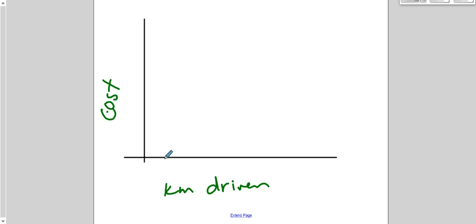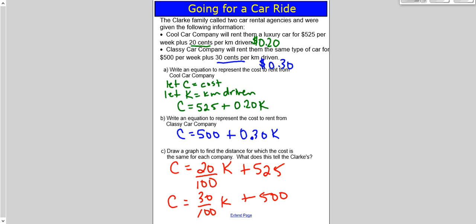Now, to make this easier, let me go back to the other page and look at our equations. I see that I have a run of 100.